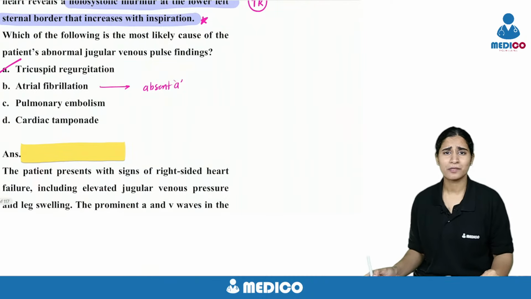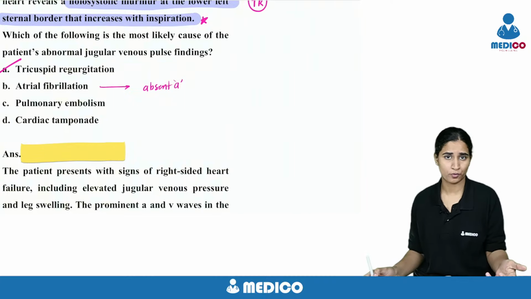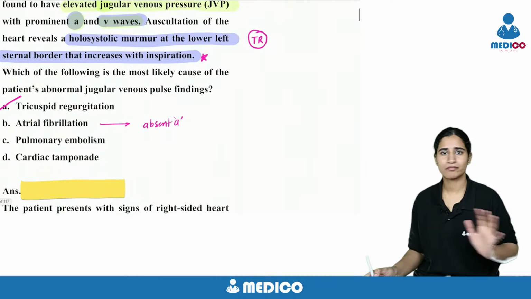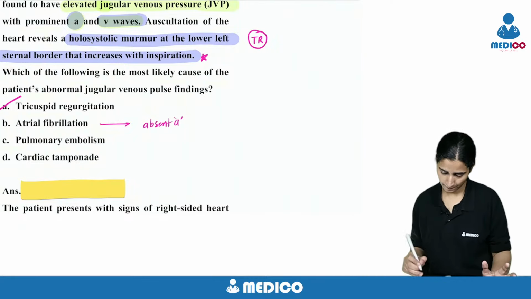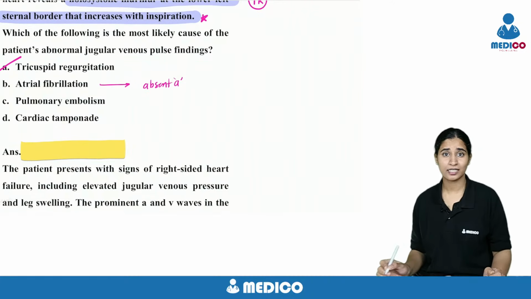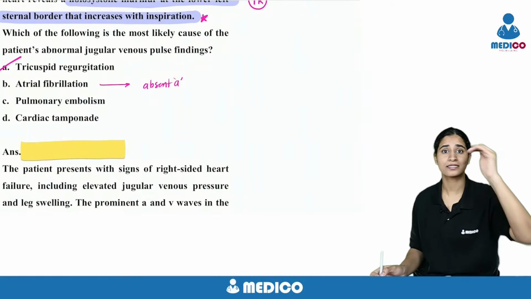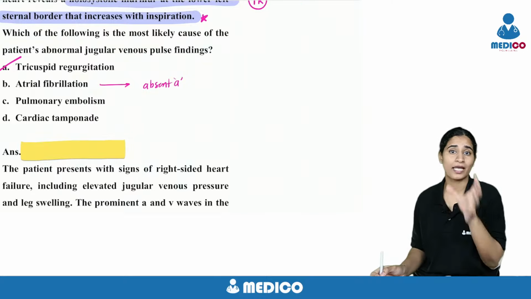Coming to pulmonary embolism, you don't hear any murmurs in pulmonary embolism, and there is no prominent V wave in pulmonary embolism, maybe a prominent A wave. And coming to cardiac tamponade, the X descent is prominent and the Y descent is absent. There is nothing to do with A and V waves.